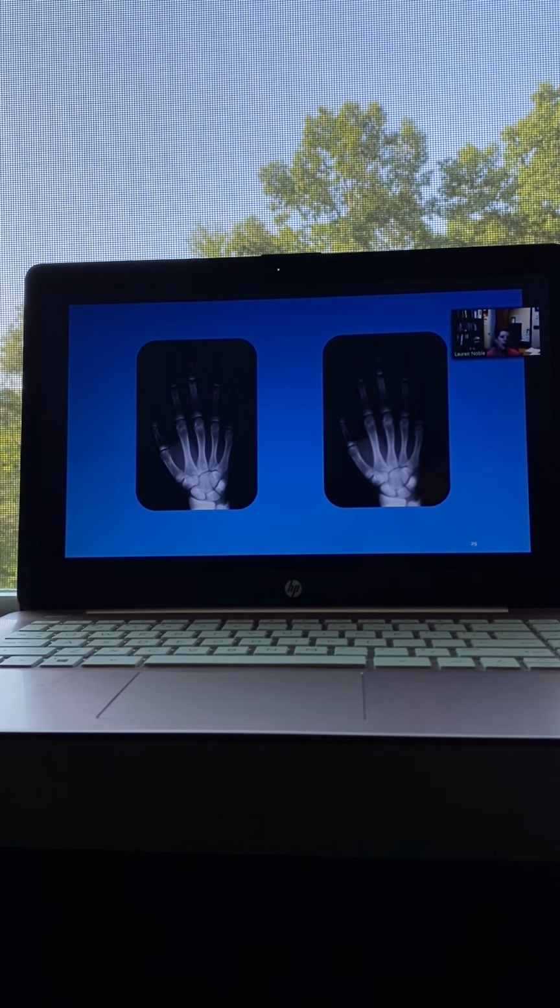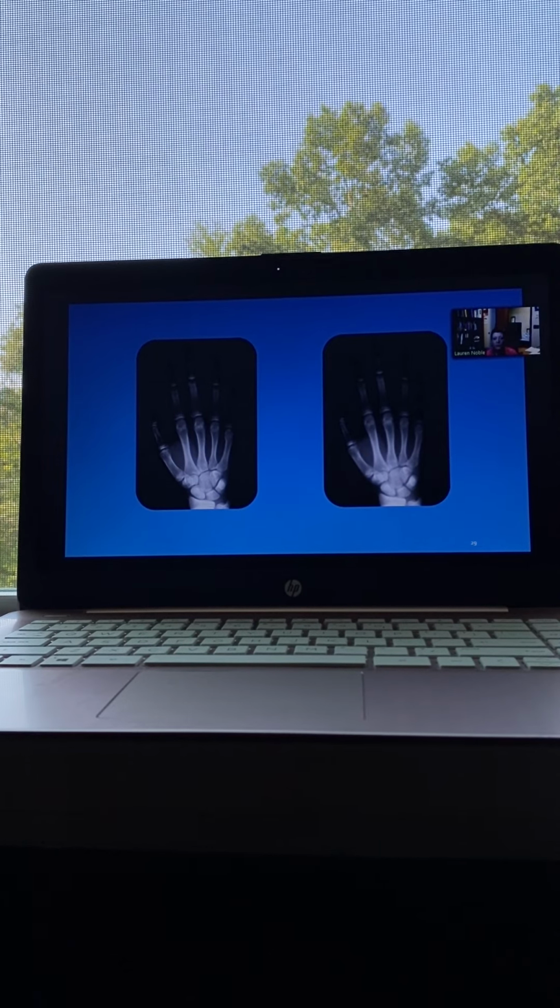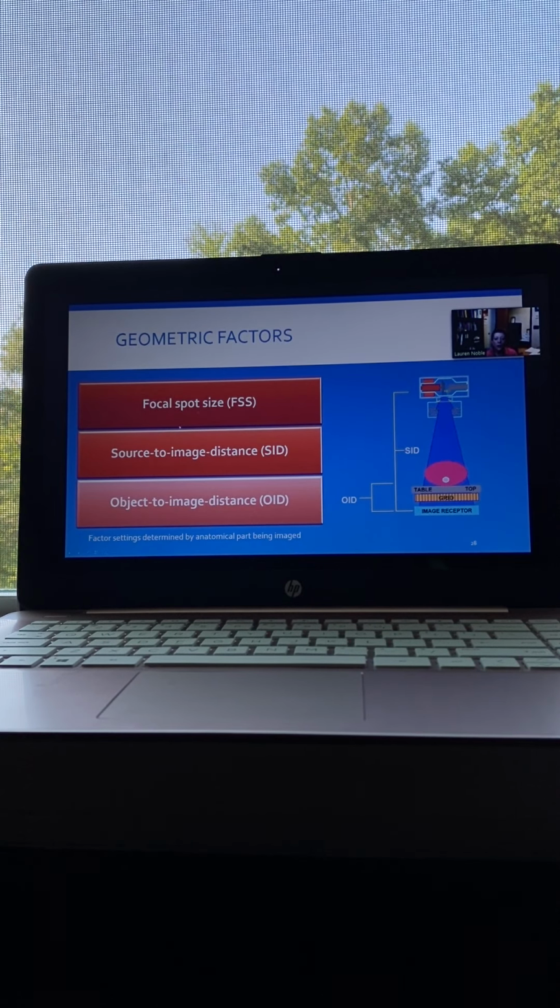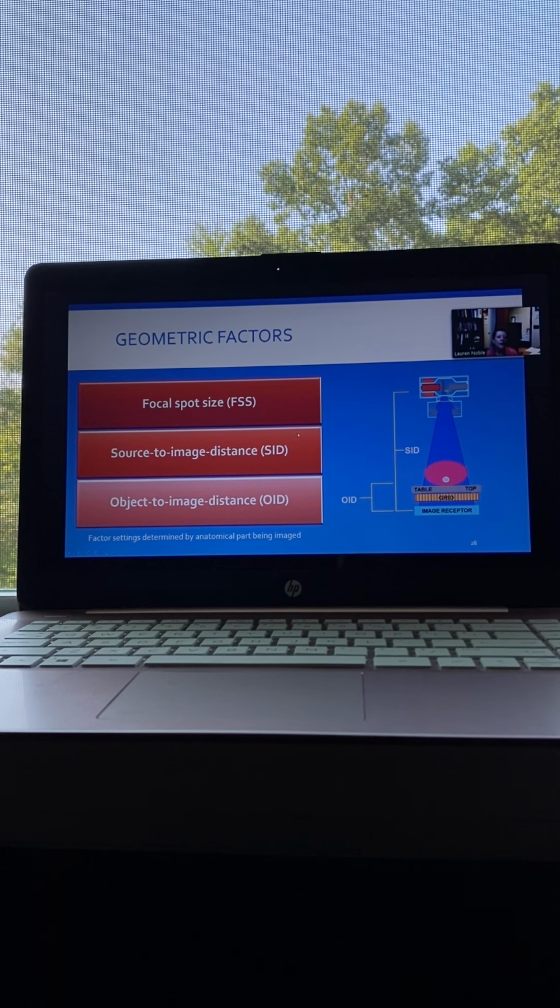And if the object to image distance is too great, then that can lead to unsharpness. So we'll talk in more detail about these as far as short SID versus long SID, and short OID versus long OID, and large and small focal spot. We will talk more about that.